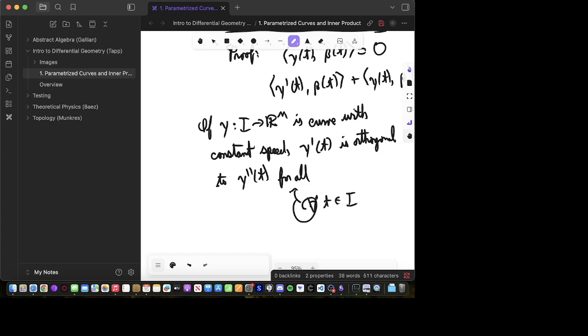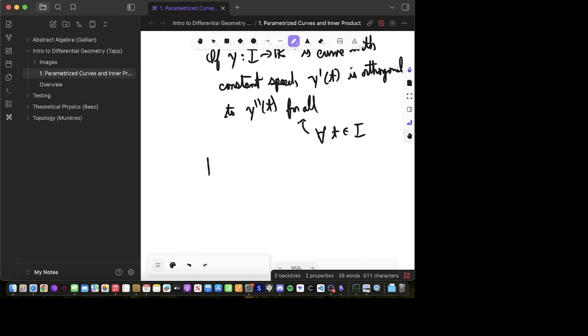This is just mathematical shorthand. And the reason why is because the norm of the derivative is constant, we'll call it c. So that implies that based on the proposition before, the derivative is orthogonal to the second derivative.